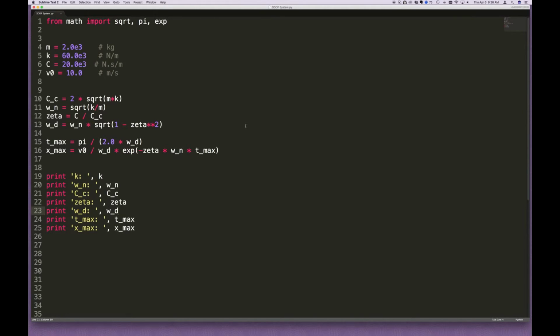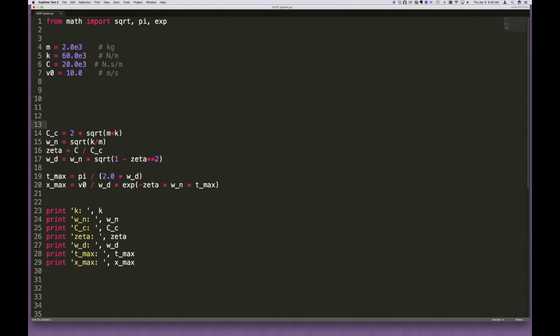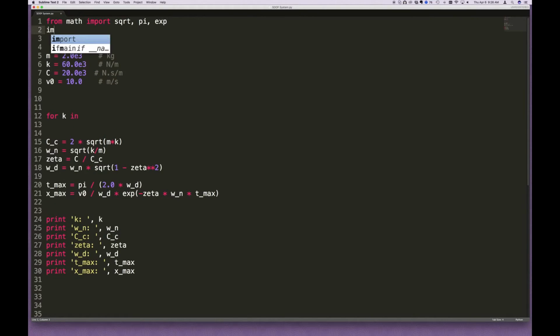Let's see how I want to do this. Okay, so first of all, let's take all this here and put it into a for loop. So I'm going to say for k in, and I'm going to want numpy here as well, so that I can use the arange function.